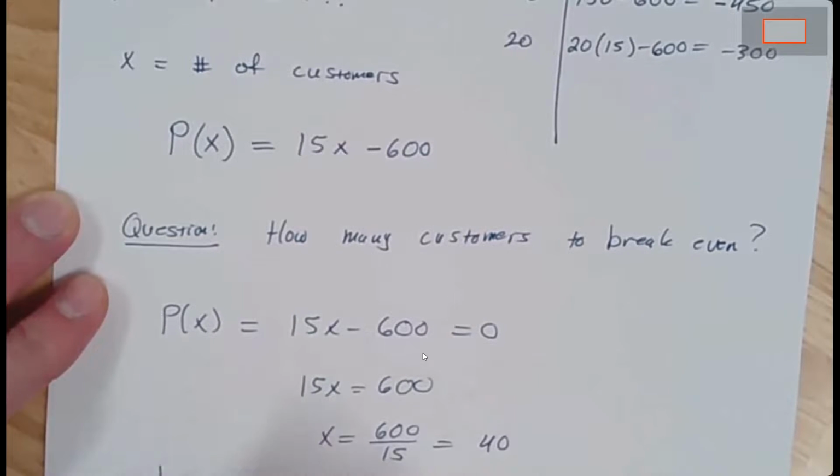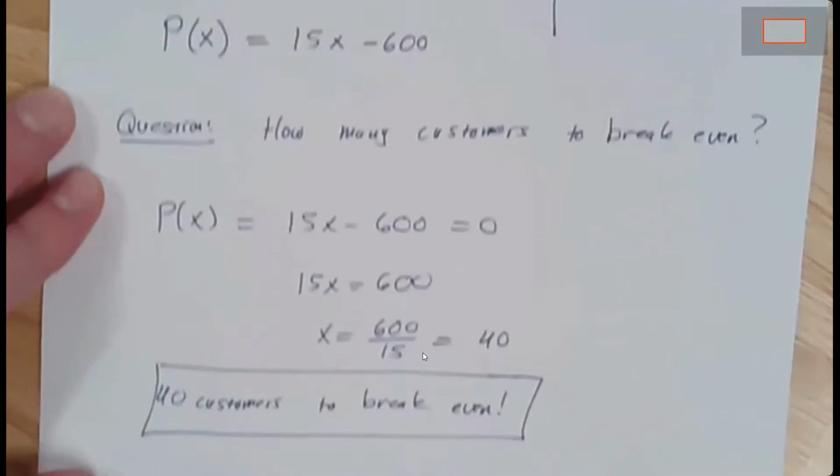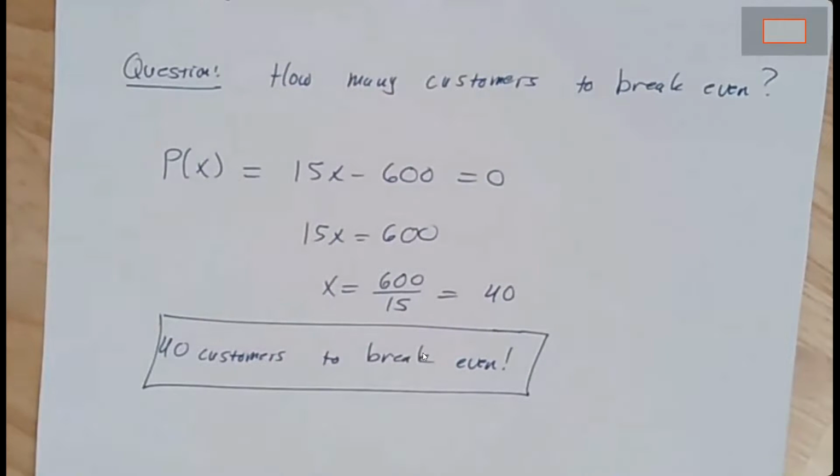I will say that when you're answering a word question like this, it's often good to include some words in your answer. You could have written your answer as x equals 40, and you probably would have been just fine. But it's often good to be more descriptive about what your answer is, because people are looking for meaning.